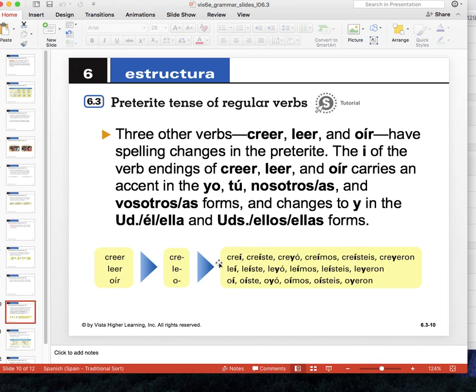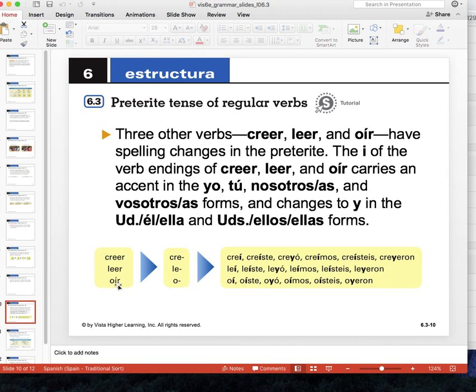So here we have creer, that turns into creí, creíste, creyó, there's the Y, creímos, and creyeron, the Y comes back. Same with leer, leí, leíste, leyó, the Y, leímos, leyeron, the Y comes back.